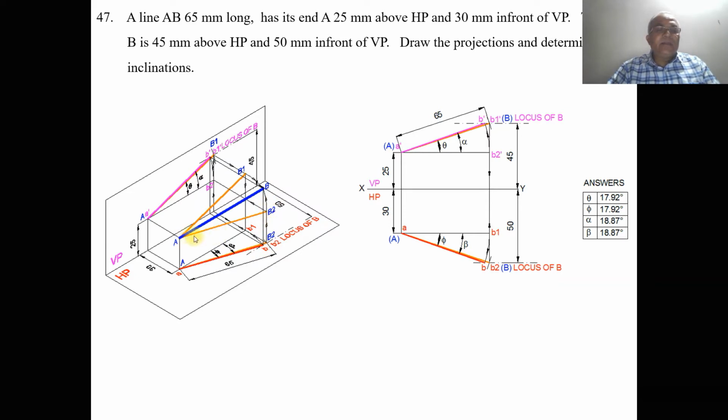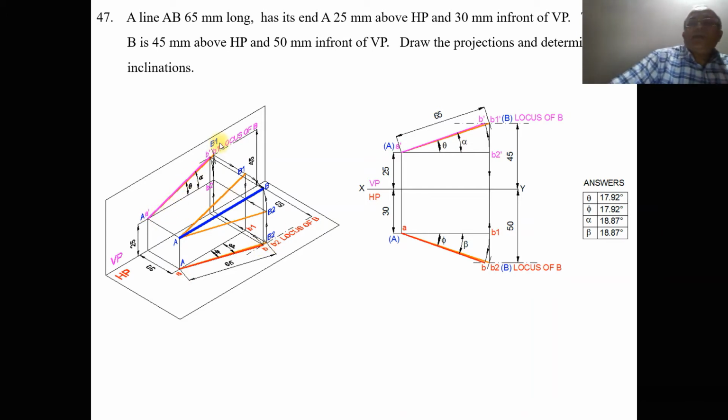Naturally, this line will be in true length, 65 mm. When you look from the top view, that image will fall on the horizontal plane. So you get small b2 here and small a here. Join a b2, and similarly a dash b1 dash.